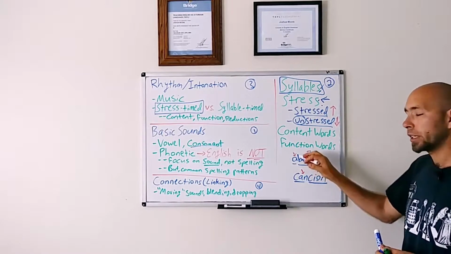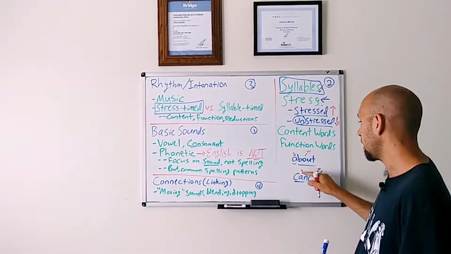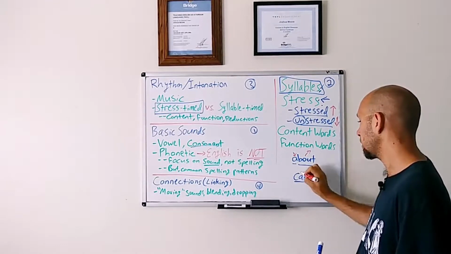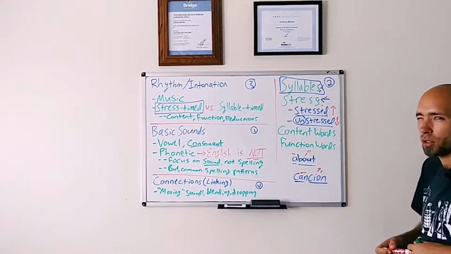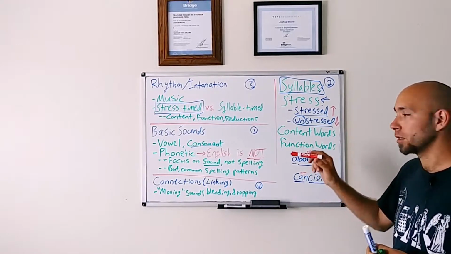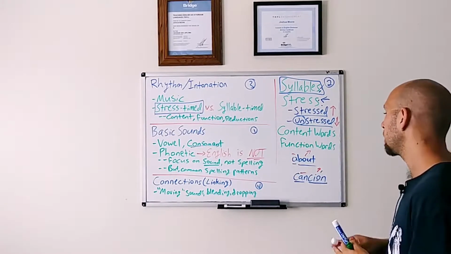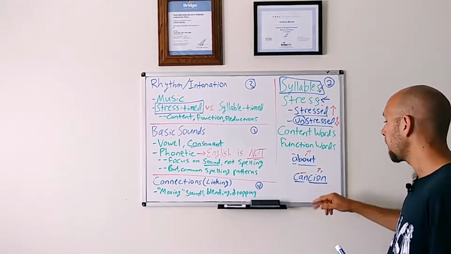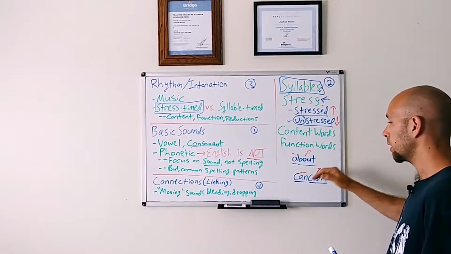Now, another way to look at this, instead of looking at it as down, you can kind of look at it as like flat, or like this one is like flat. It's like it's just not stressed. In English, we are going to use the down because, as we'll see later, there's actually an extra step to this that is very important in English. But you can say canción, canción, canción.